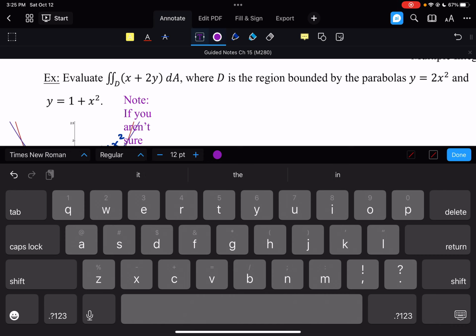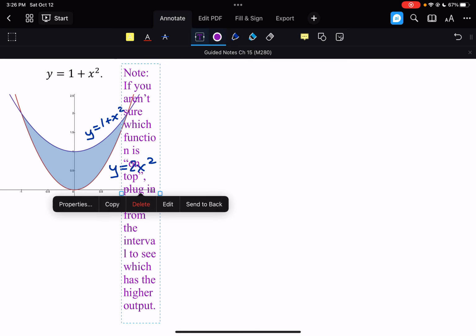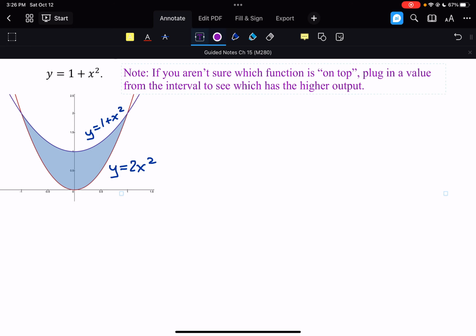Sorry, I'll fix that in just a second. Plug in a value from the interval to see which has the higher output. So let me just stretch this back out.